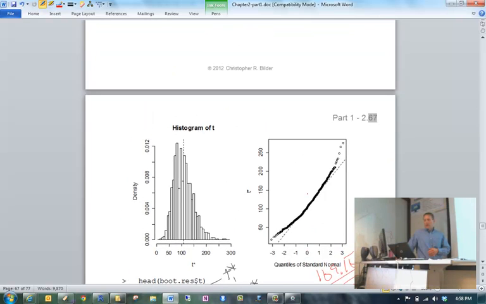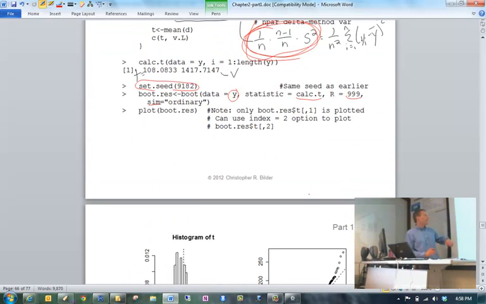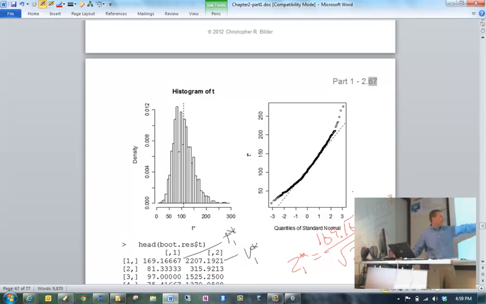Now hopefully you remember that plot function, use it with objects that have a class of boot. When I say plot(boot.res), look what's plotted. This is actually my t star distribution, and this is a QQ plot for t star itself. This occurs by default.